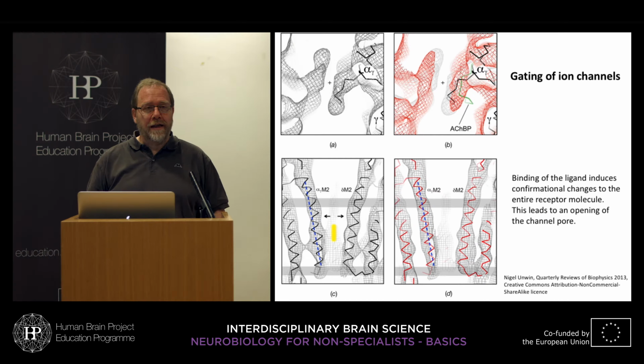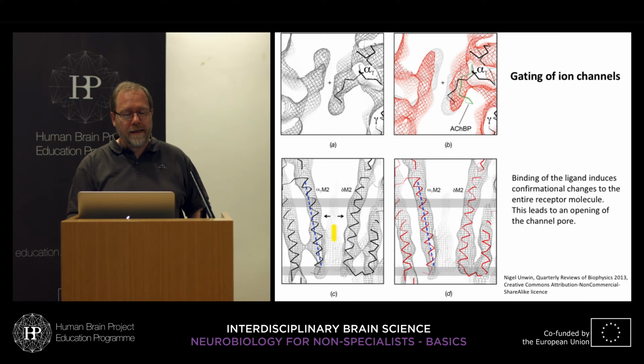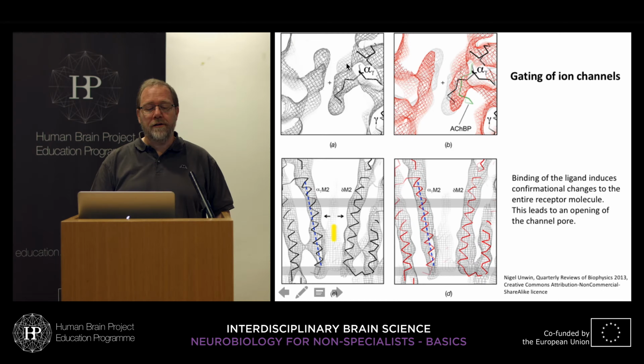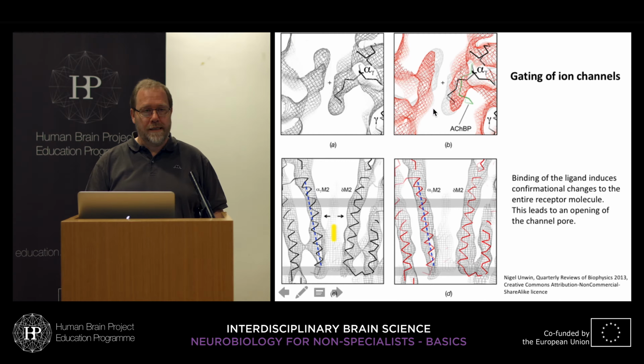So what actually happens if acetylcholine binds, we see here. In this case, you see that the pore is very narrow. If the acetylcholine binds into its binding pocket, then there is a conformational shift in the receptor, so it changes from gray to red, and what we see is that this pore widens.